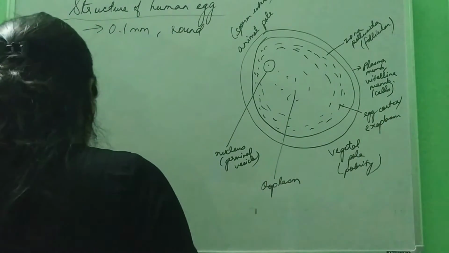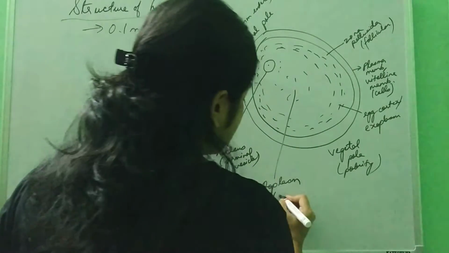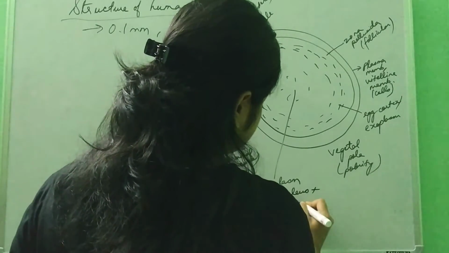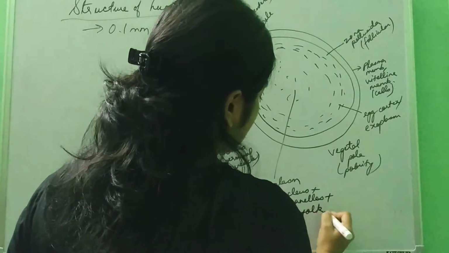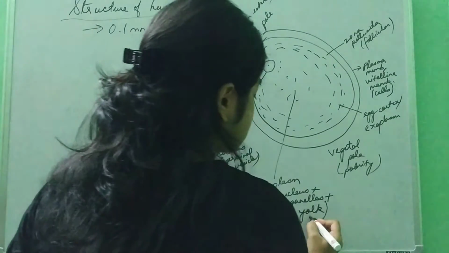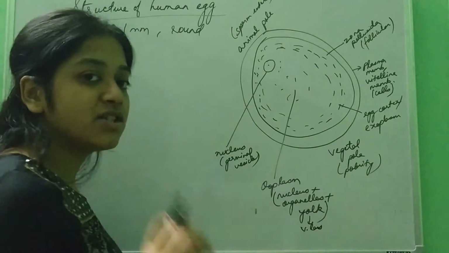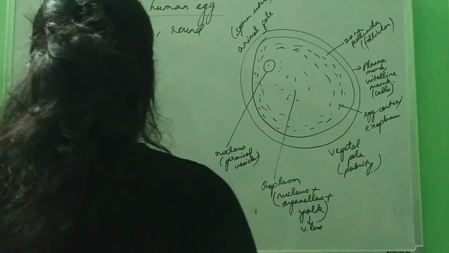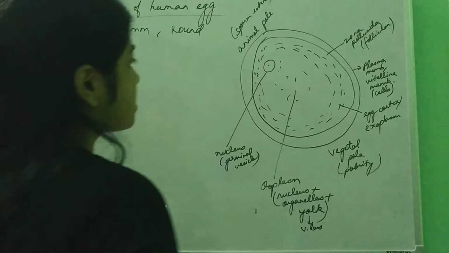So what will the ooplasm consist of? The ooplasm consists of the nucleus and organelles. Along with these, it will also consist of the yolk, which is very less or negligible in the case of humans. So these are the layers.